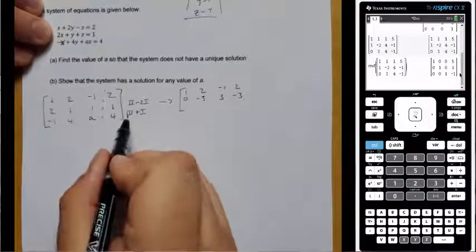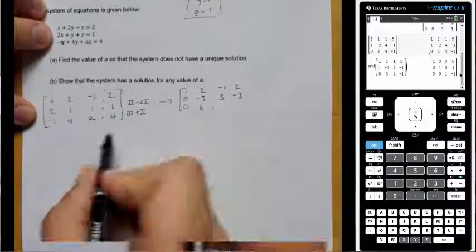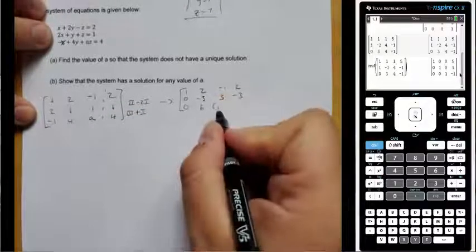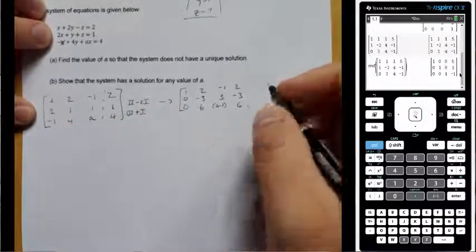And then 3 plus 1, -1 plus 1 is 0. 4 plus 2 is 6. a plus -1 is a minus 1. 4 plus 2 is 6.